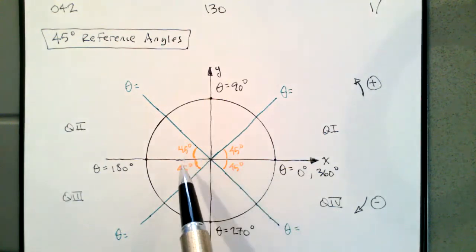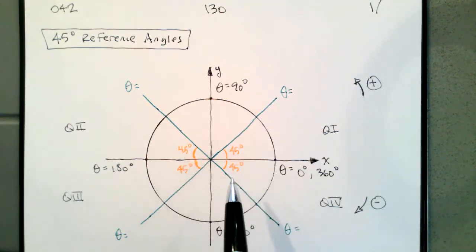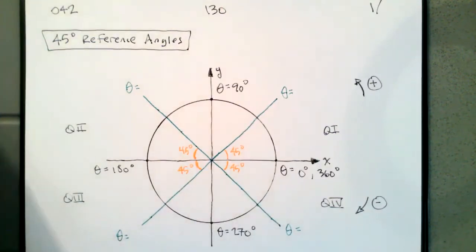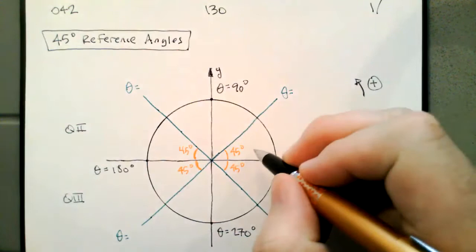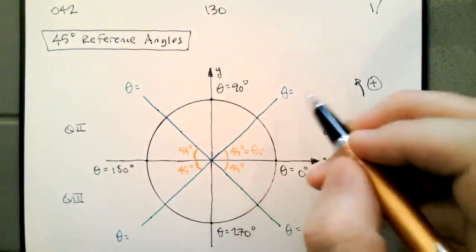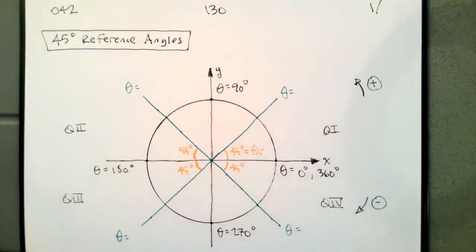So here I've labeled 45-degree reference angles in each of the 4 quadrants. Each of these 45-degree angles is going to be a reference angle for a theta.